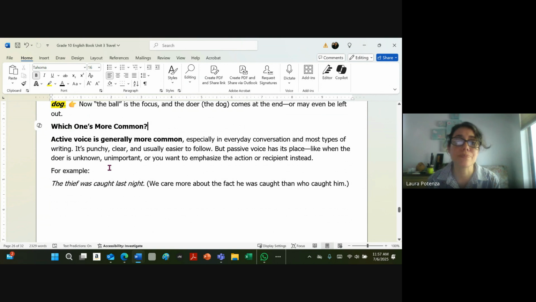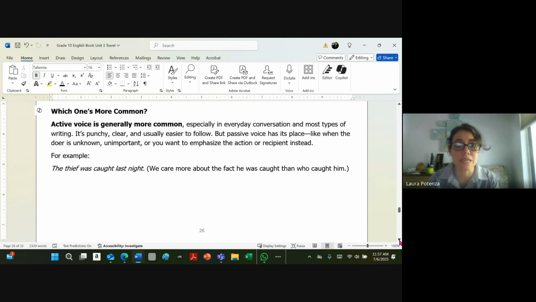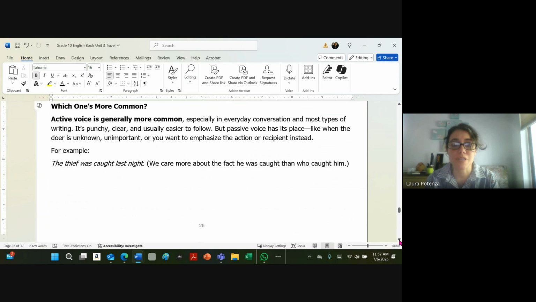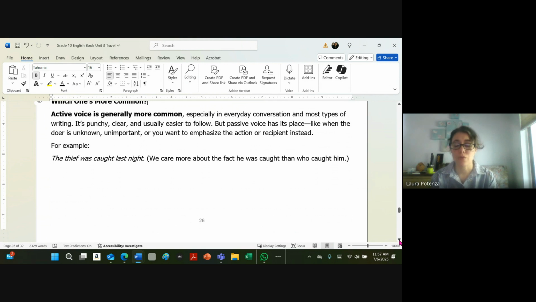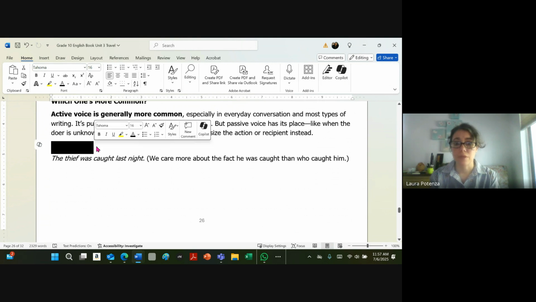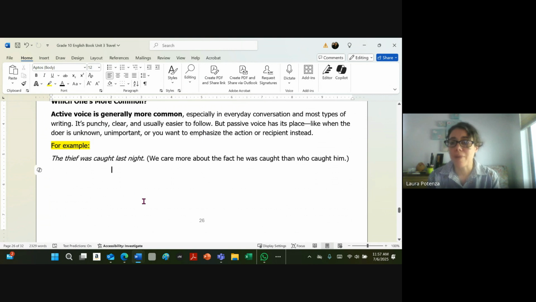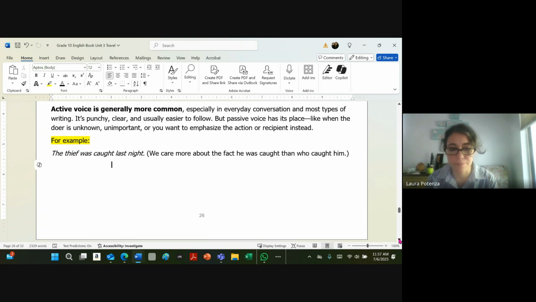It's clear and usually easier to follow. The passive voice does have its place, like when the doer is unknown, unimportant, or you want to emphasize the action or recipient. For example, the thief was caught last night. You care more about the fact that the thief was caught than who actually caught him.